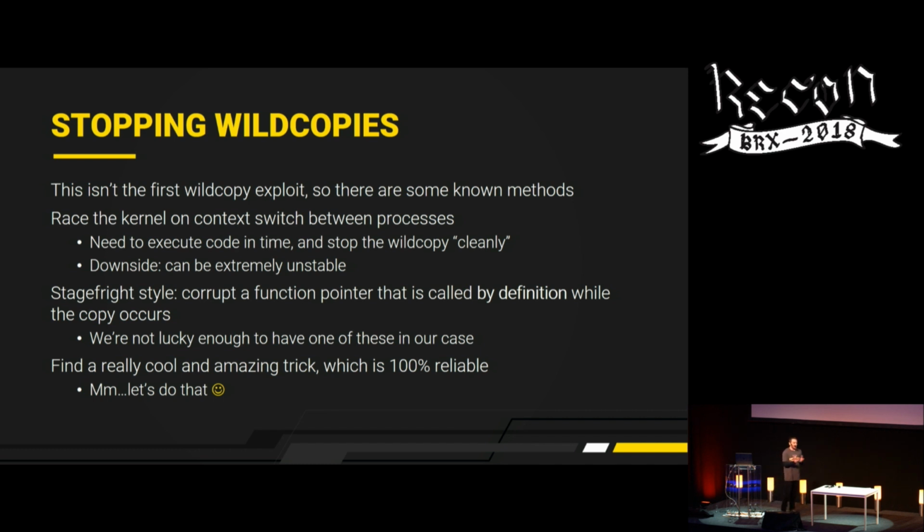So I can just shape that structure, corrupt it, and then while the wild copy executes, I jump to an arbitrary ROP chain that I built, execute code, and then stop the wild copy myself. This is the best that I can hope for, but sadly I don't have something like that here, so it's not relevant. And then we are left with the third option, which is to find a really cool and amazing trick to stop the wild copy. So yeah, let's choose the third option.